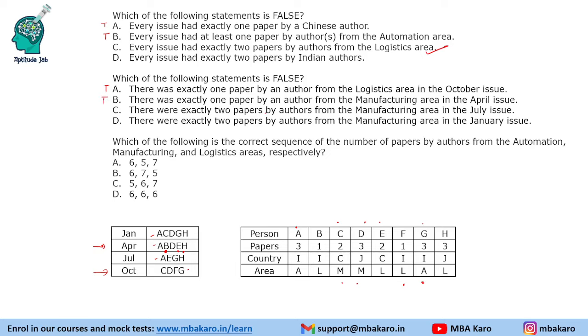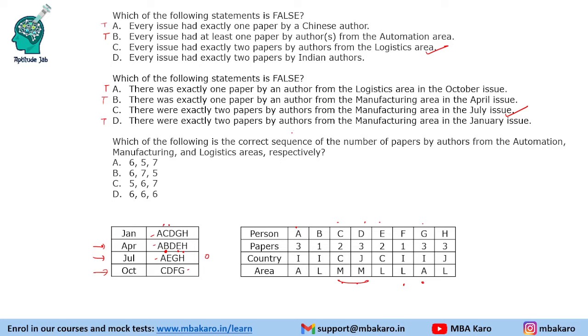There were exactly two papers by authors from the manufacturing area in the July issue. In July, manufacturing authors are C and D. Okay, but in July we have none of the papers written by people from the manufacturing area. So this is a false statement. And in January we have C and D both from the manufacturing area. So the last one is true. So the answer is option C.